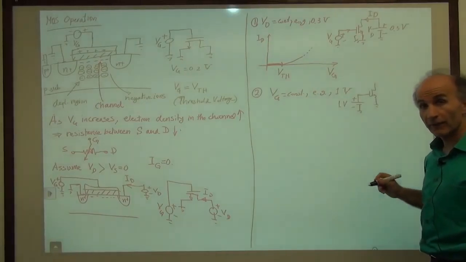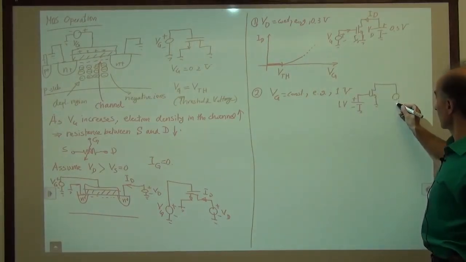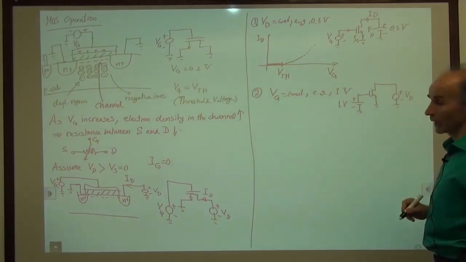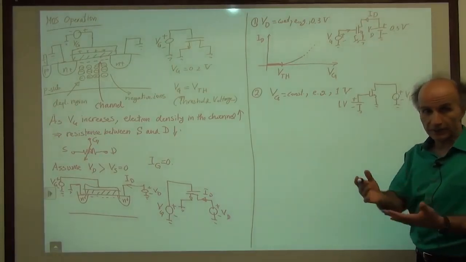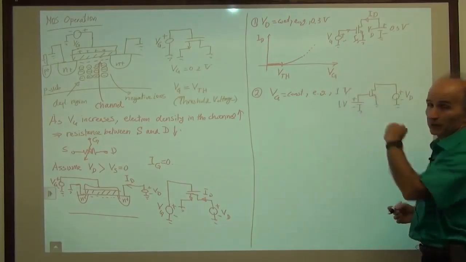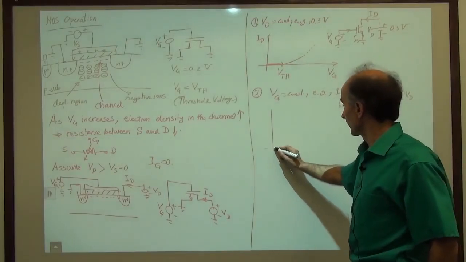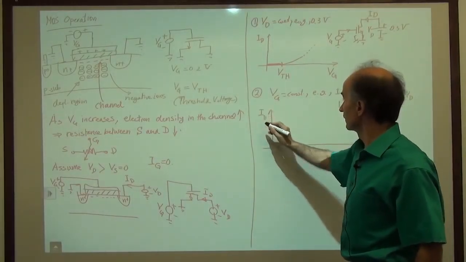And then I apply a variable voltage to the drain, between the drain and the source really. So that's VD. And again, I would like to see what happens. And by that we mean, how does the current of the device change? We have only really a drain current, so that's what we're going to plot as a function of VD. So we plot ID as a function of VD.